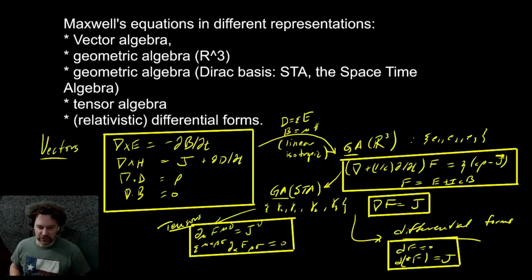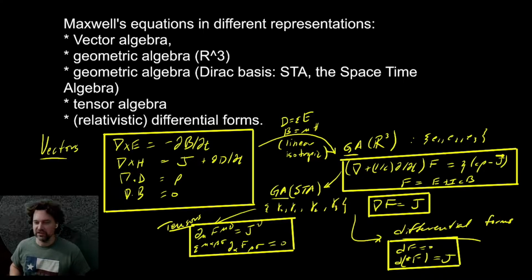It will then go into the geometric algebra, space-time algebra representation, where we take the Dirac basis, which has basis elements gamma 0, gamma 1, gamma 2, gamma 3, and in this basis, gamma 0 squares to +1, but gamma 1, gamma 2, gamma 3 all square to -1.